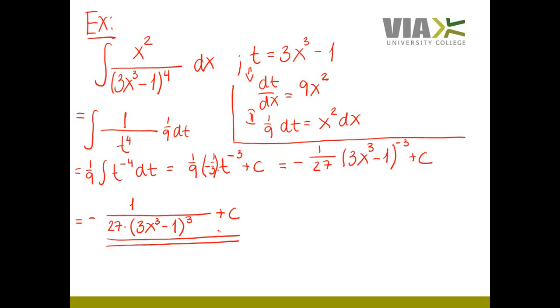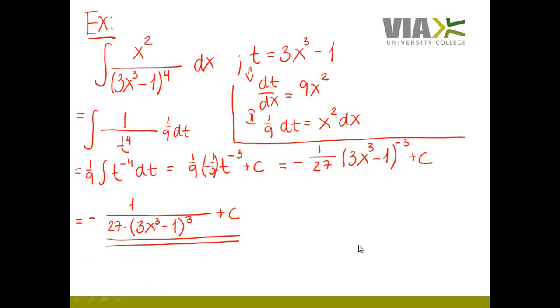So that is the result to the original given assignment from up here. As always, you can check your result by finding the first derivative of the result you figured out here, and that should hopefully be equal to the original given assignment. Then you know that you're on track. I think you can do that on your own using the chain rule, just as I showed in the first example.